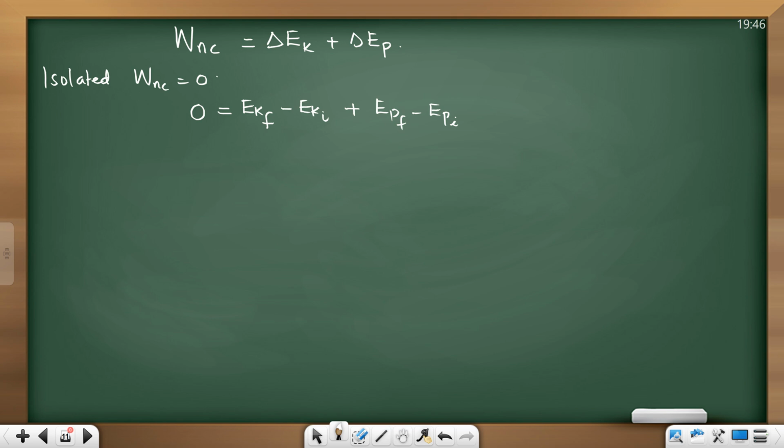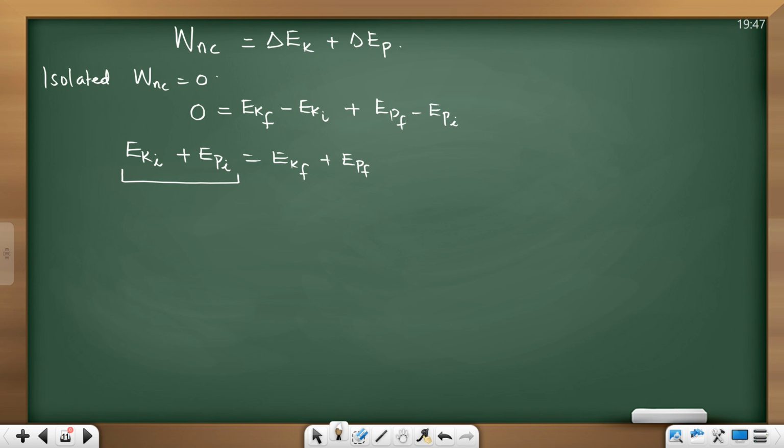Let's expand these formulas. Or before we expand, let's move all the initials to one side. You see where I'm going already? So what will I have? EK initial plus EP initial equals EK final plus, wait, what is this?